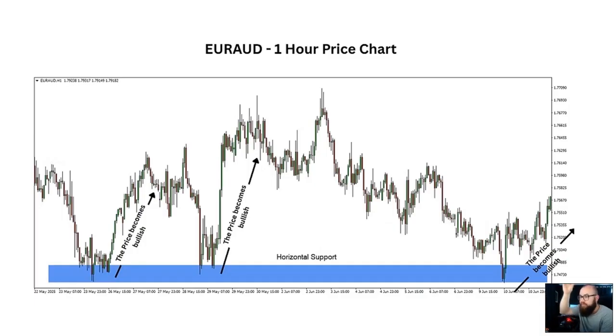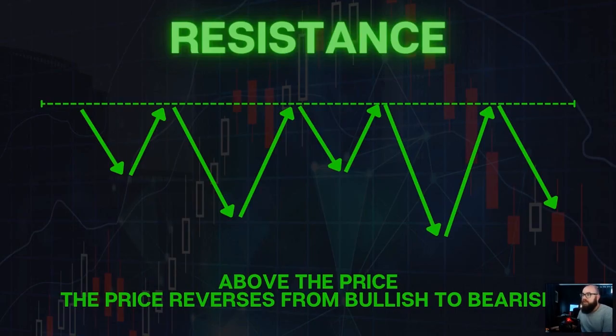And you'll see that every time price reaches that blue area, that blue box, it reverses. It's a support area. And it's referred to as a horizontal support because it's a horizontal area across the chart. And going back to this resistance, this is a horizontal resistance. It's a horizontal area, a level, a zone where price keeps reversing.